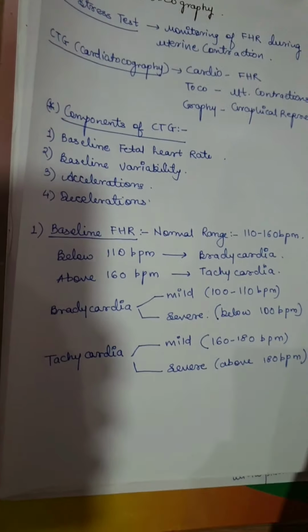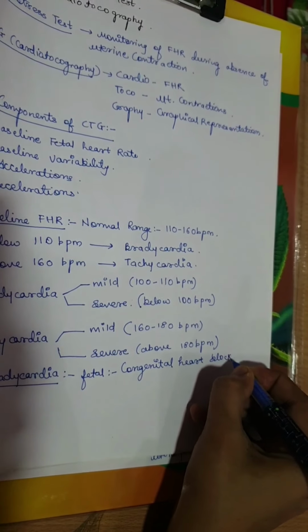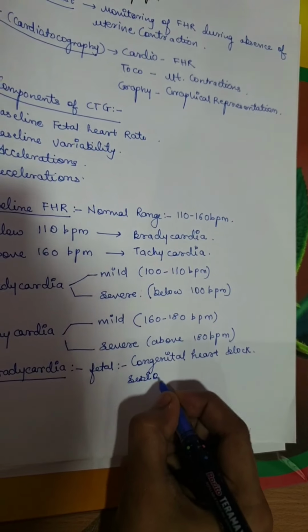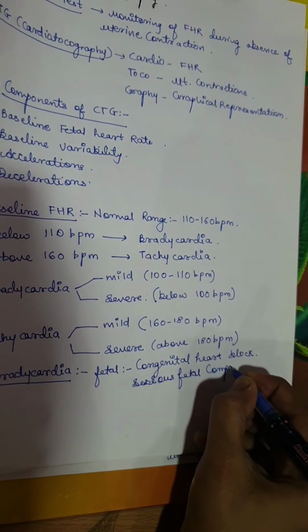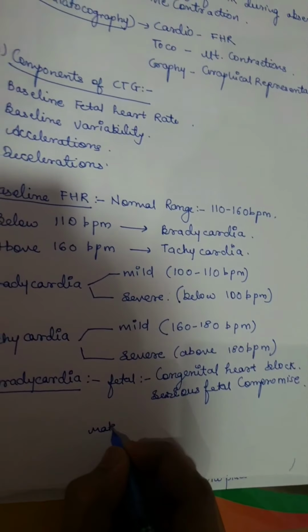So what are the causes for fetal bradycardia? The fetal causes are: if there is a congenital heart block, or a serious fetal compromise. And what are the maternal causes?